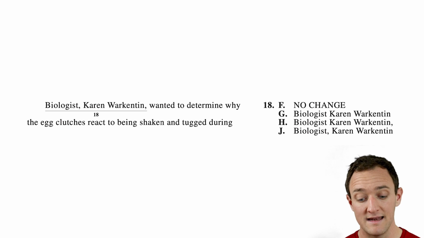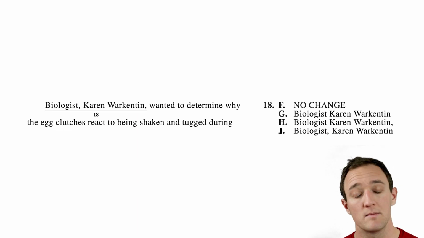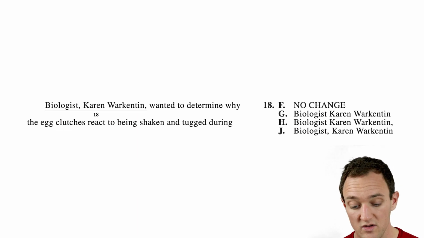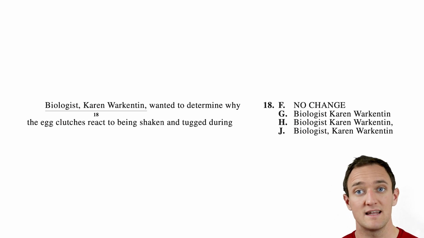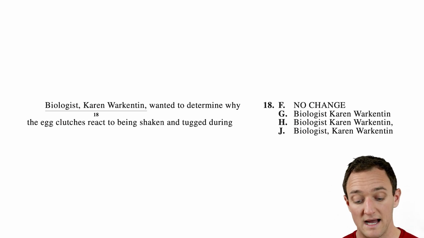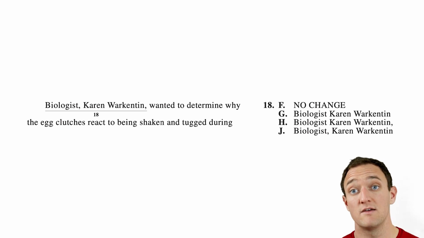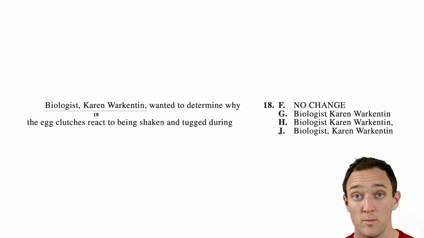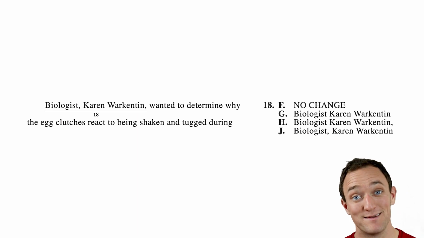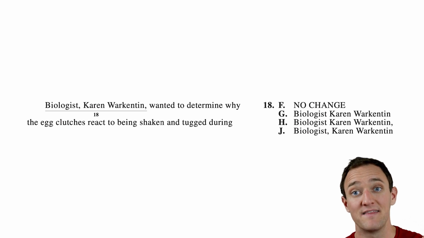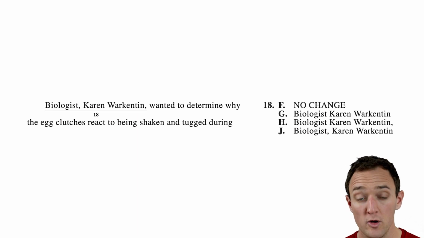When we have a title and a name, no commas anywhere. Stop using the commas. Sometimes they'll put a the in front of it, but the rule still applies. If they say the biologist Karen Workington, no commas, because if you remove Karen Workington, you're removing somebody's name, and you cannot remove people's names with appositives. This is a title phrase, so when you have a job and then a name, don't remove it.